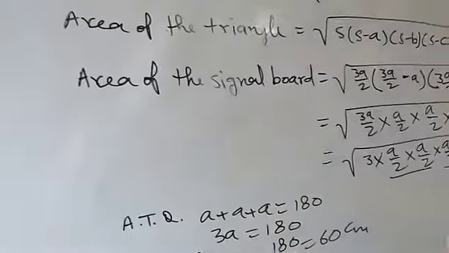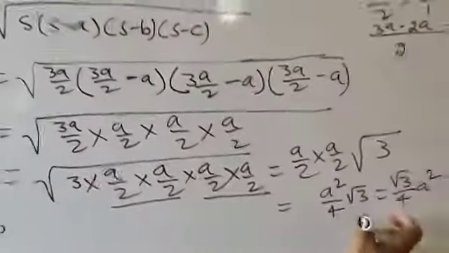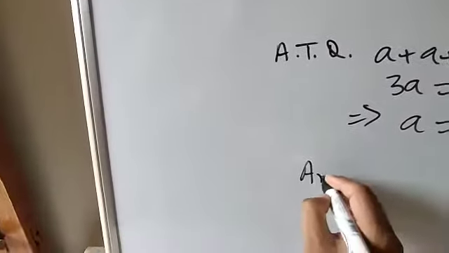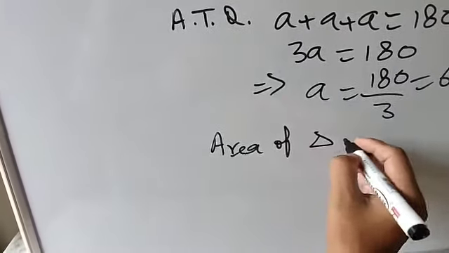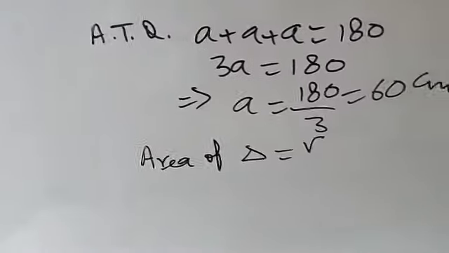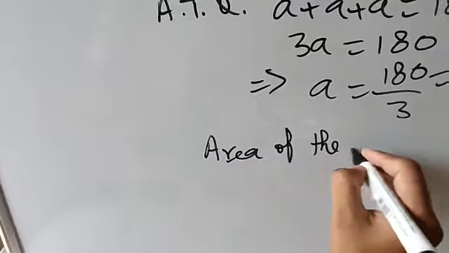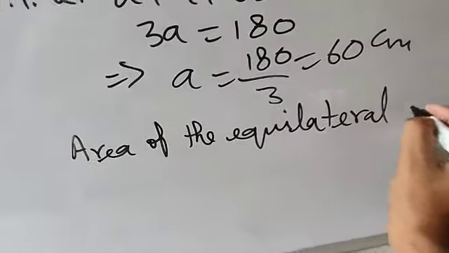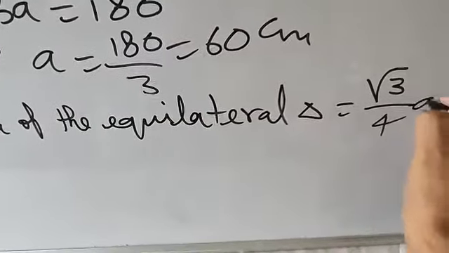Now if you are going to find the area of that triangle, it is an equilateral triangle, so you can directly apply the formula root 3 by 4 A square. So area of the equilateral triangle equal to root 3 by 4 A square.